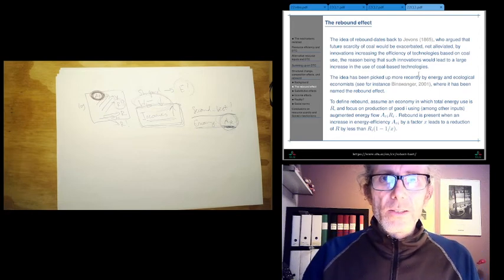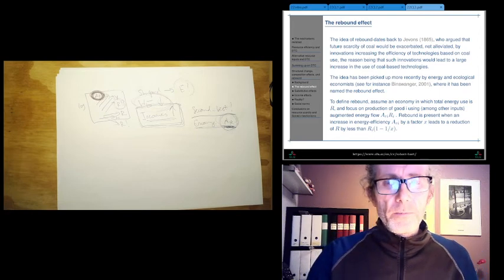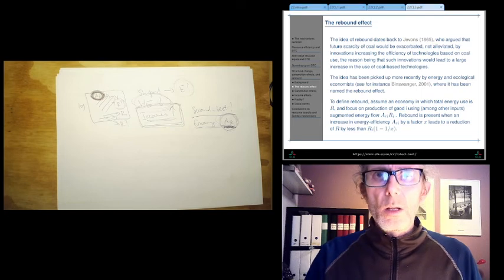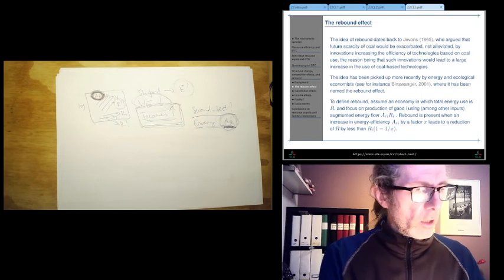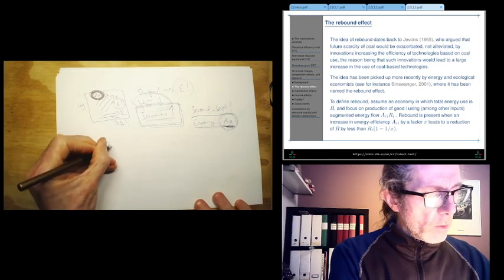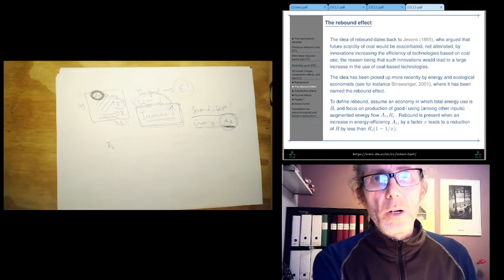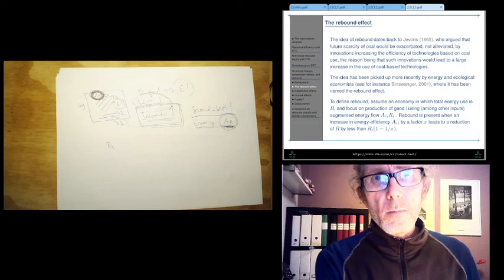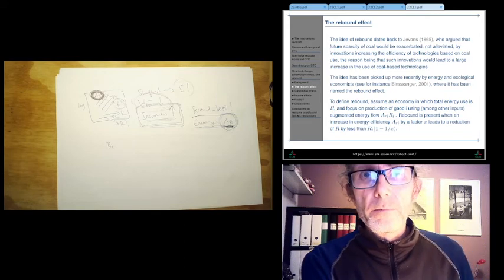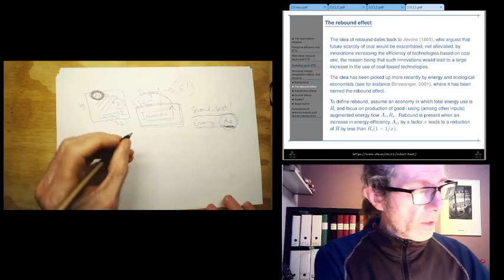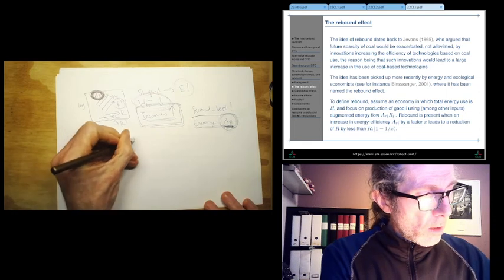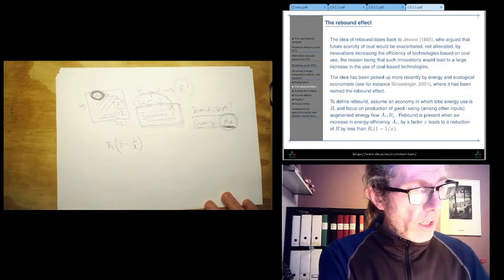Okay, so what is going on here? I'm just going to pause this. Okay, so we've got total energy use R, but within sector I, we've got energy use Ri. And then within that sector, we've got this expression here.